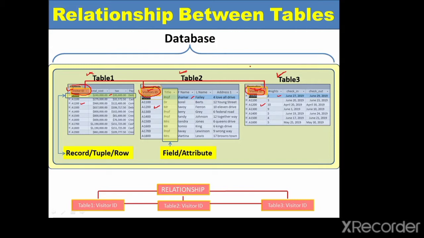And you might be wondering why we couldn't link a name. So for example, if you had a name in table 1, name in table 2, and name in table 3, why couldn't we do that? Simple. We can't link data that can be duplicated, right? So what I mean by that is that you can have more than one person by the name of Kevin.